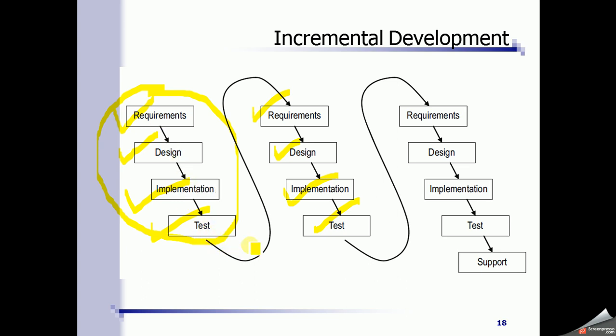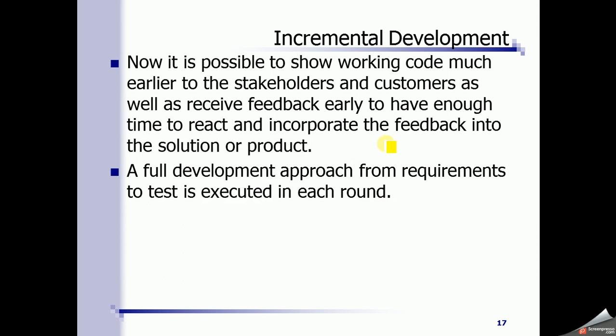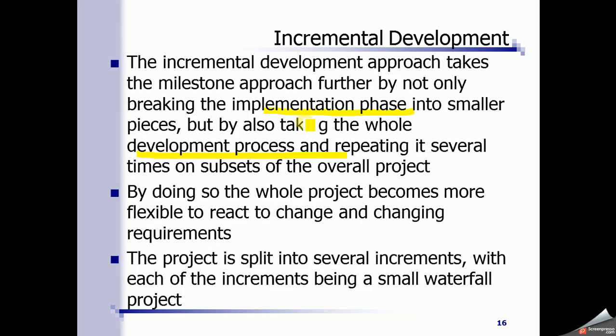So now we broke down one waterfall into several waterfalls till the entire system is developed and handed over to the support team. So now it is possible to show working code much earlier to the stakeholder and customer, and we can get their feedback, and we can also incorporate it in the next iterations, right?